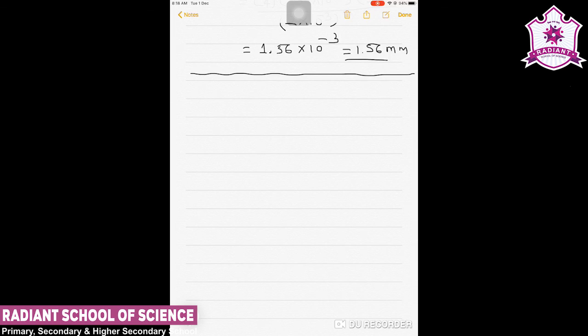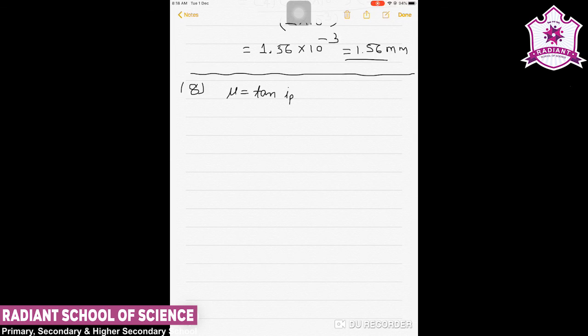Here there is a very simple equation that we have to use, Brewster's law. Brewster's law says that mu is equal to tan of the angle of polarization.